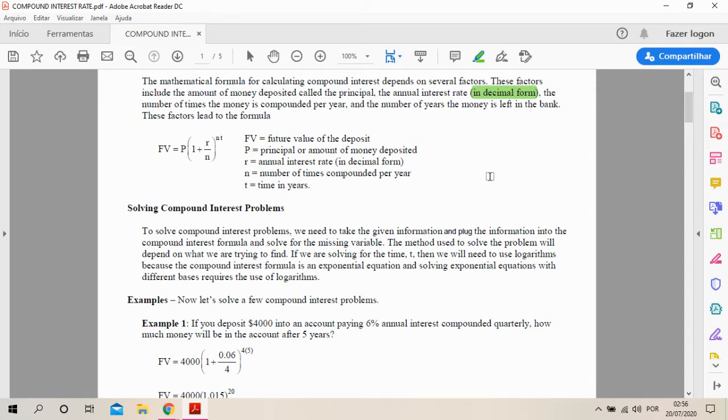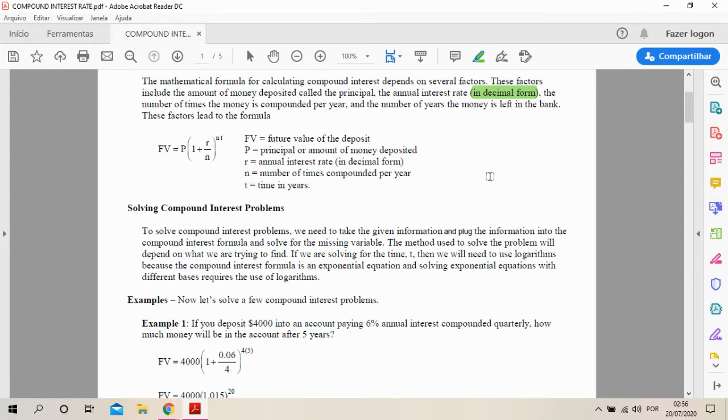P, which is the principal, here will be $4,000. The interest rate in decimal form is 0.06, which corresponds to 6%.